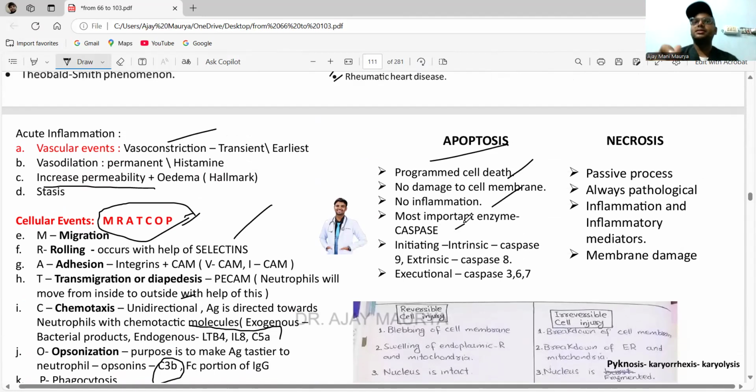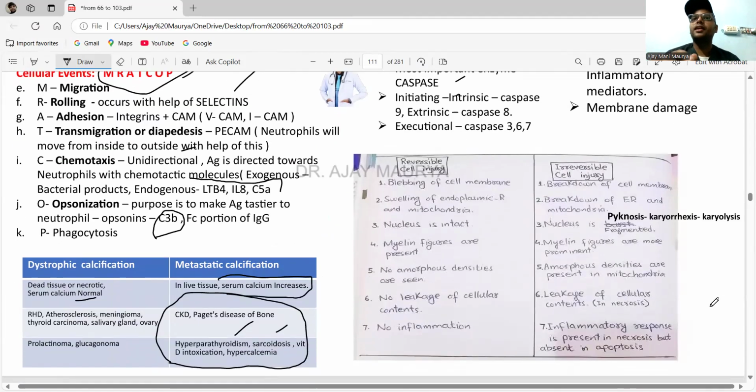Intrinsic is caspase 9, remember, 9 in intrinsic. Extrinsic is caspase 8. Remember, necrosis is like a murder. There is inflammation, there are mediators, and there is membrane damage. Necrosis is a murder, and apoptosis is a hanging.